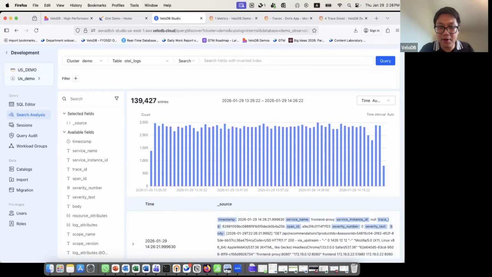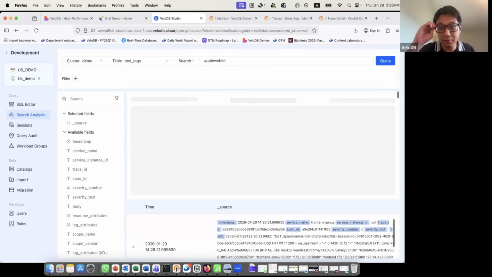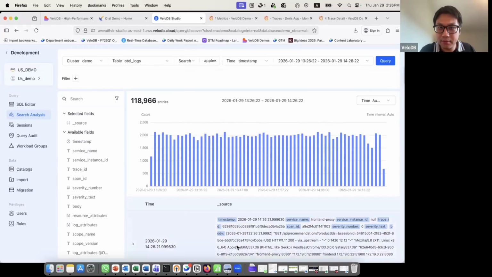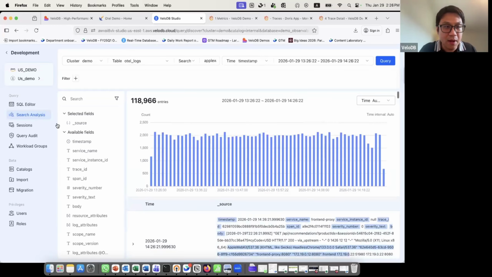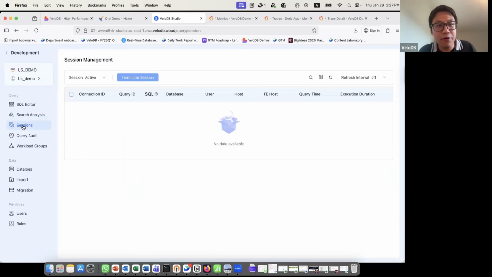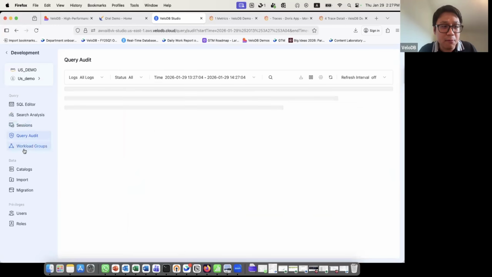So I can search for AppleWebKit, and you can see it returns. Again, there's a lot of other cool things, such as session management, query audits, and workload groups, really to manage things within VeloDB.